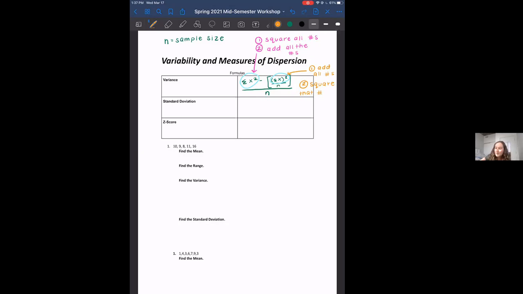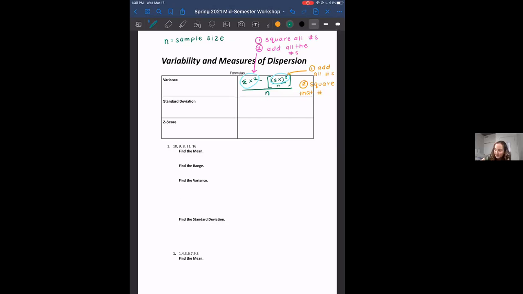Okay, good. So can anyone tell me what the formula for the standard deviation is? It's very similar to the formula for variance, if that helps anyone remember. You would do the square root of the variance, I believe.